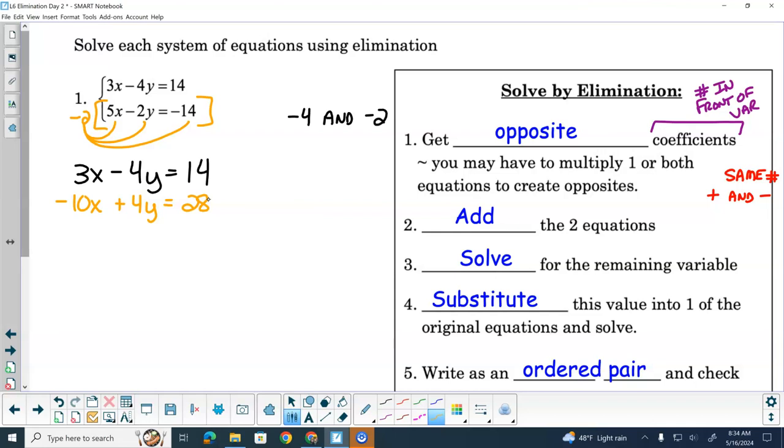Then we said yesterday, step number 2 is we have to add those two equations together. So I put a big old plus sign there, and a big old line underneath.